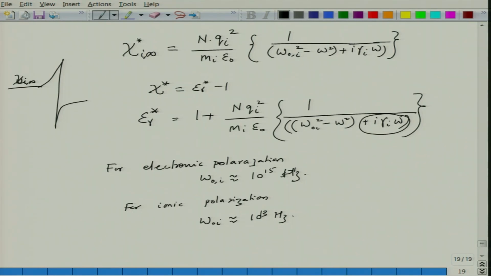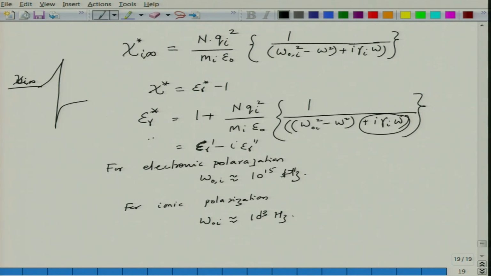So, from this you can also determine epsilon r. This is equal to epsilon r prime minus I epsilon r double prime. Now you have an I term here, so you separate these into real and imaginary parts.